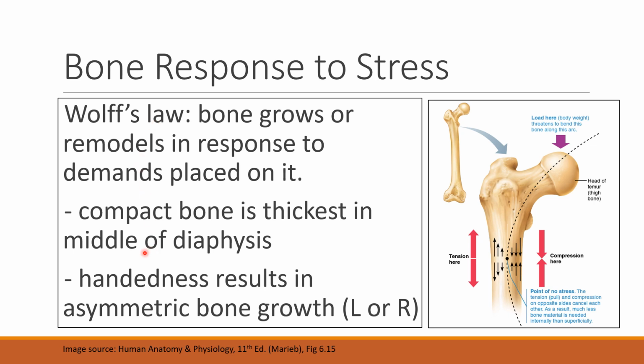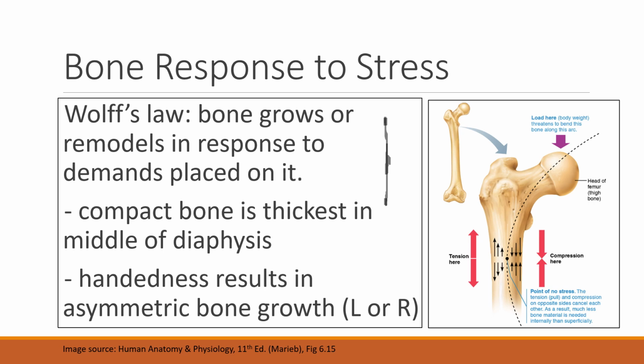One example is compact bone, which is thickest in the middle of the diaphysis, right? If this is a bone here, remember the diaphysis is this middle part in the midsection of the bone. The epiphyses are here on the ends.